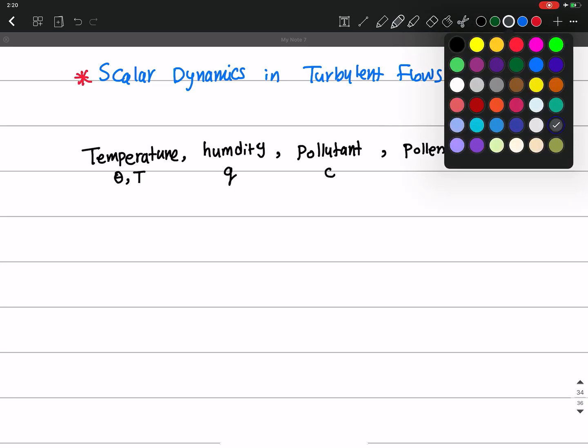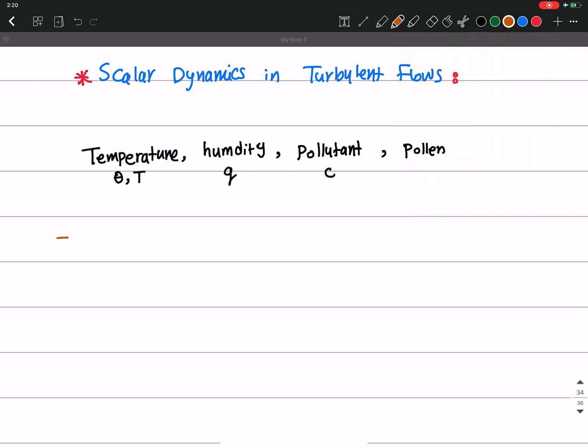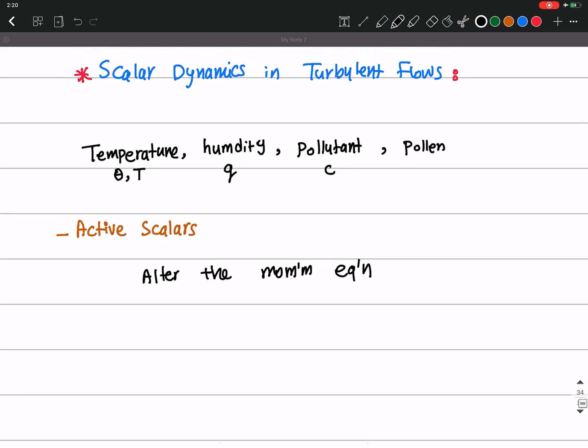Okay, so we typically divide the scalars into two types. First, active scalars. Active scalars are scalars that alter the momentum equation and turbulence in the fluid flow. One of them, which again you know as well, is temperature.